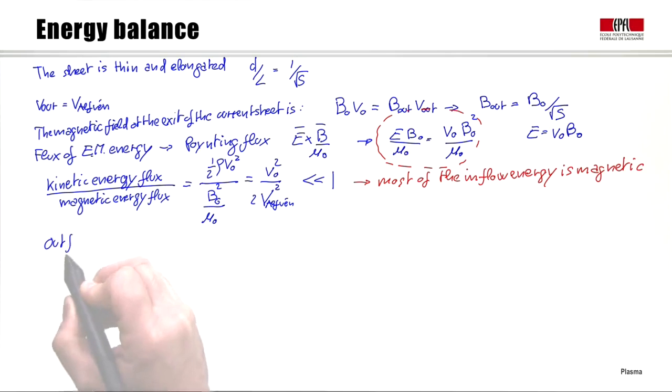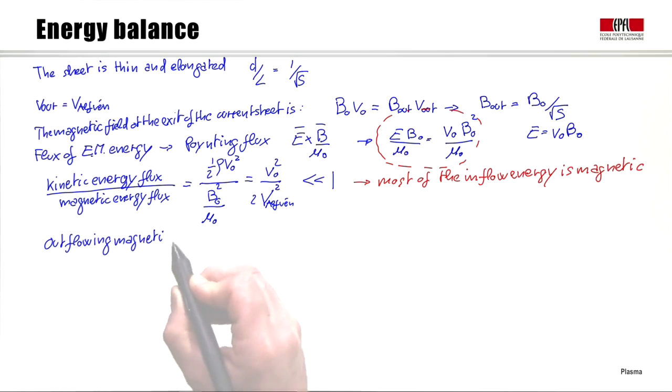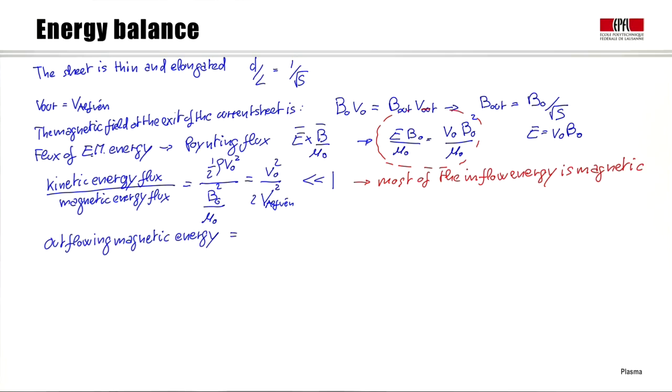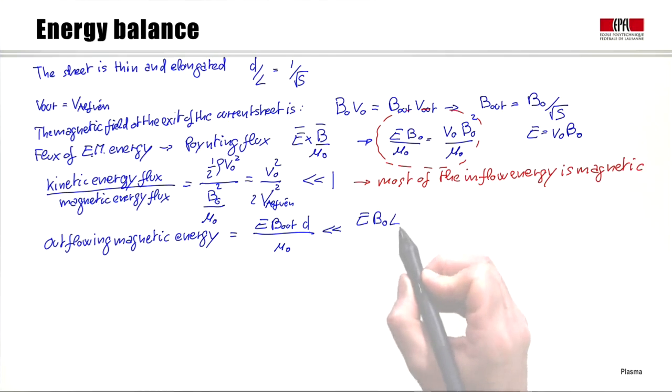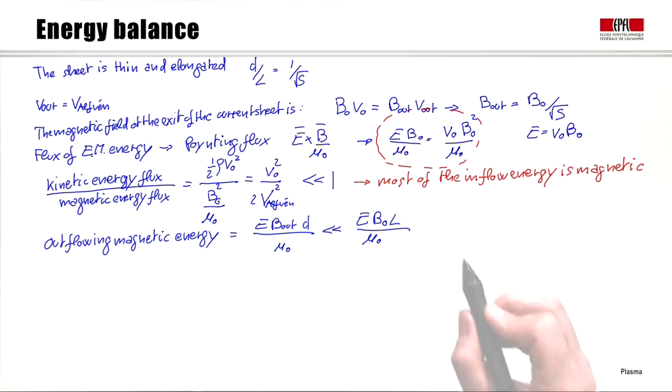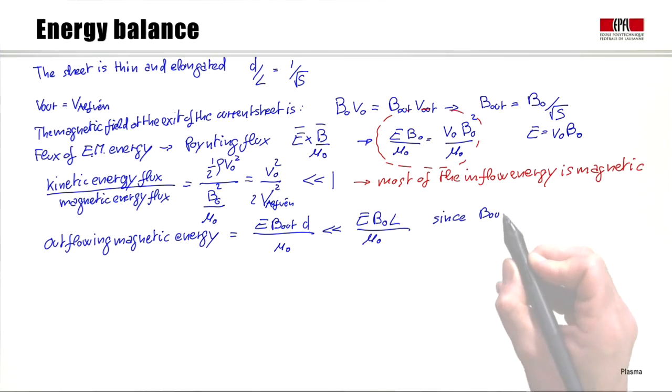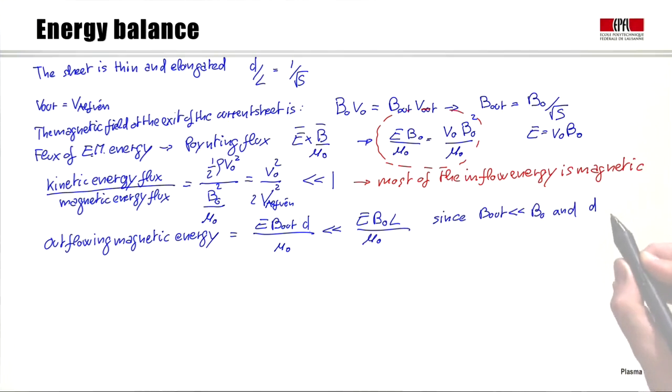And what about the outflowing magnetic energy? This can be easily estimated, and by recalling that B out is much smaller than B naught and small d is much smaller than L, we obtain the result that the outflowing magnetic energy can be neglected.